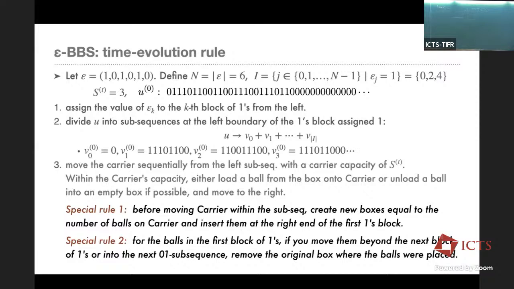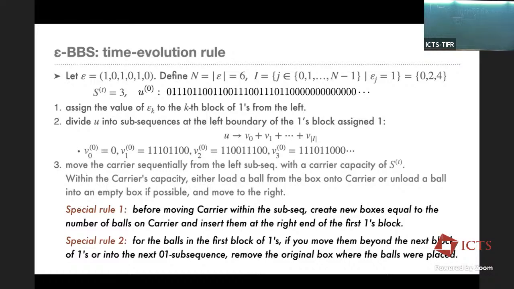Before moving the carrier within the subsequence, create new boxes equal to the number of balls on the carrier. Here some balls are on the carrier, and the same number of empty boxes are created in the next subsequence, after the right end boundary of the consecutive ones. This is special rule one.